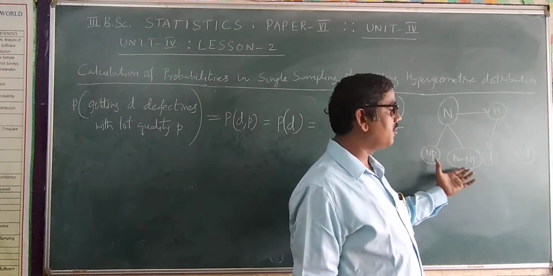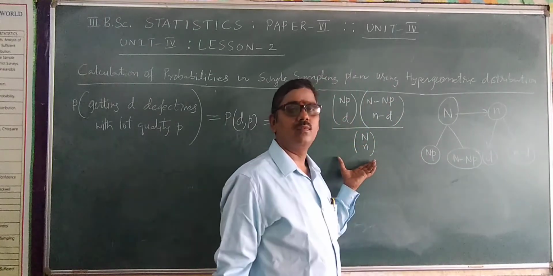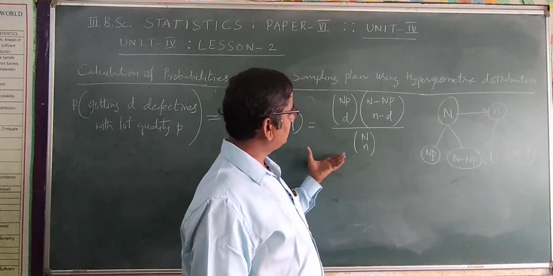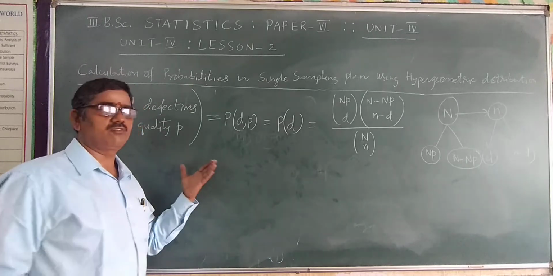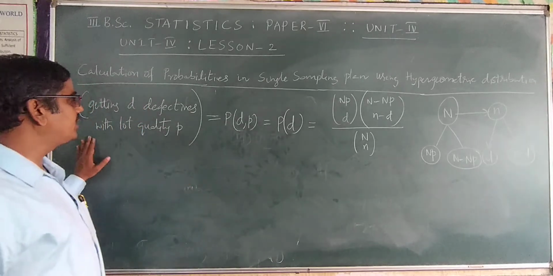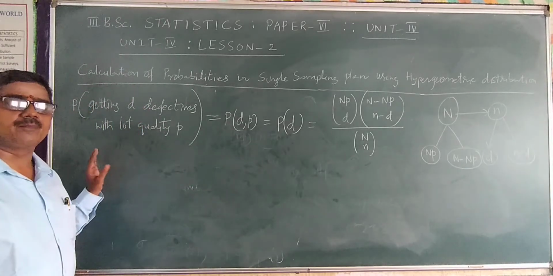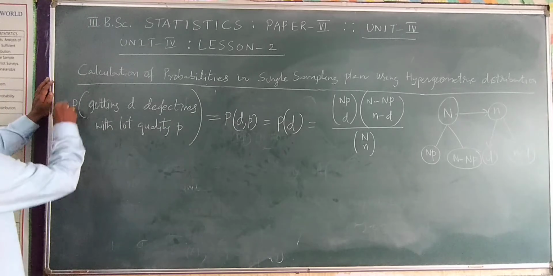This is the first fundamental probability: the probability of getting d defective items with lot quality p.